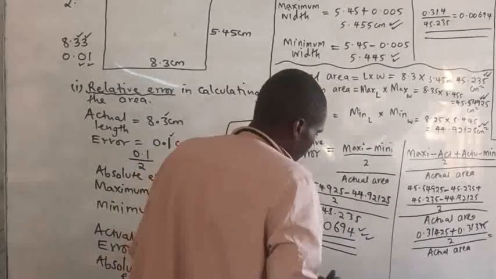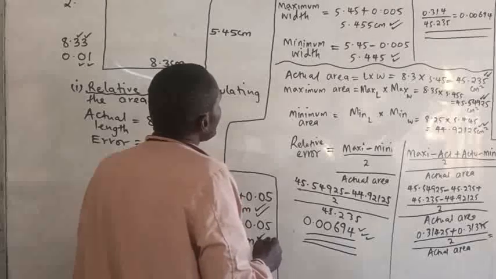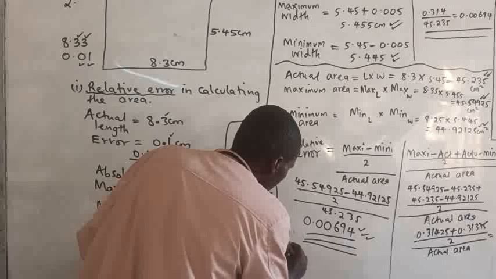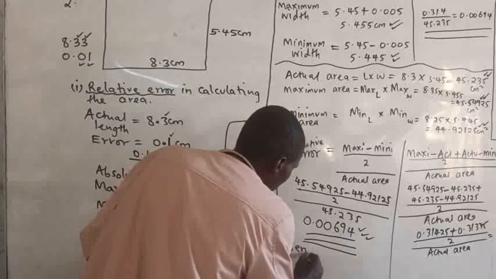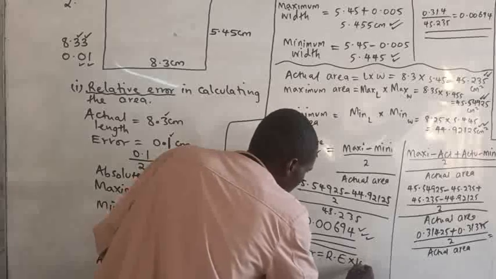So to get the percentage error in the area, percentage error is equal to relative error times 100.